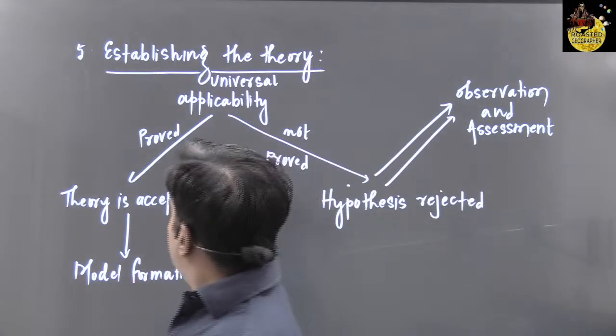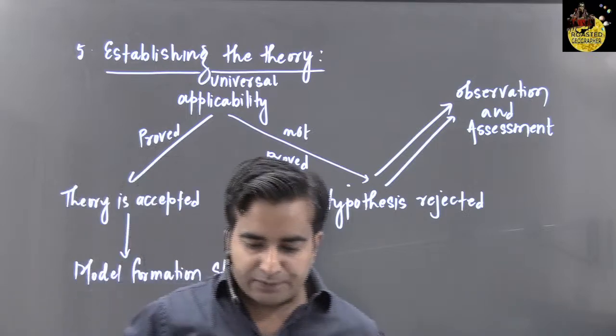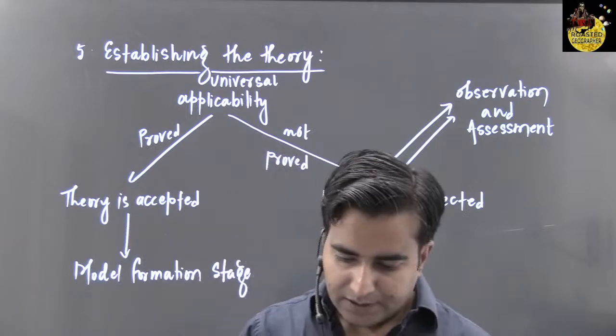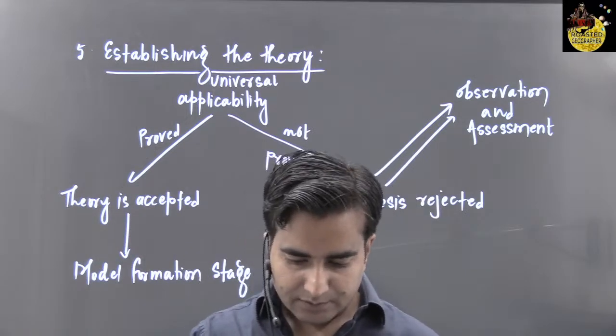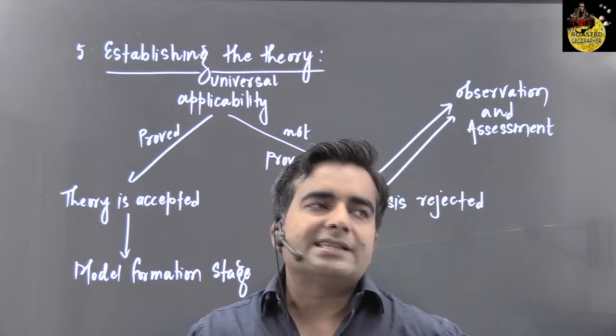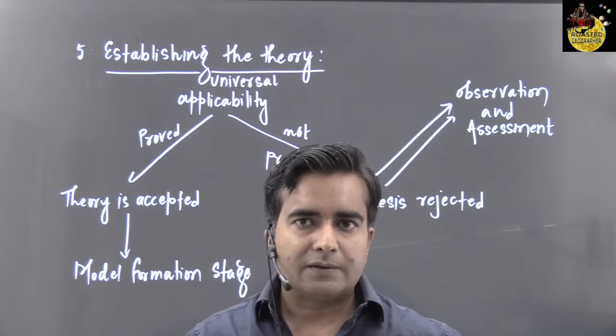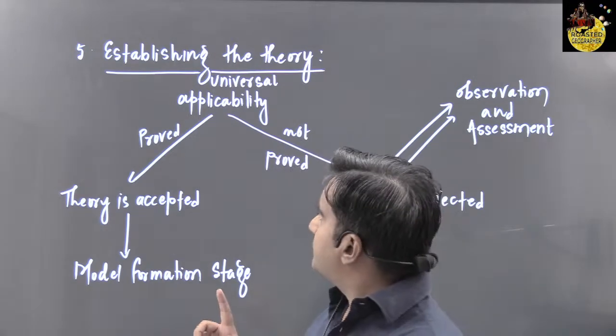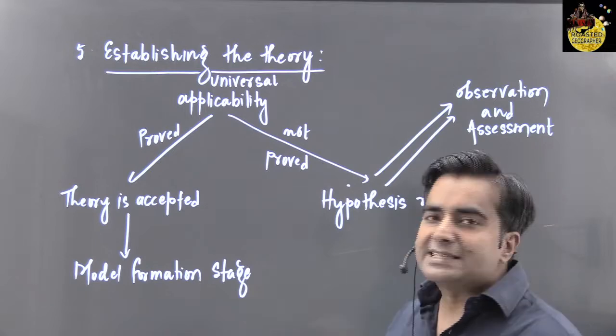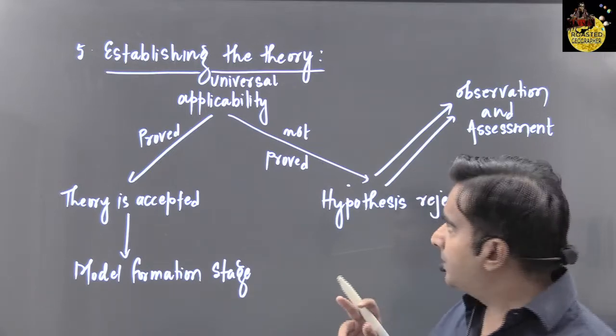Okay, so now if it is less than 50% acceptability, तो usually हम reject कर देते हैं. Okay, so in social sciences, universal applicability doesn't mean 100%. ये दिमाग में याद रखेंगे.